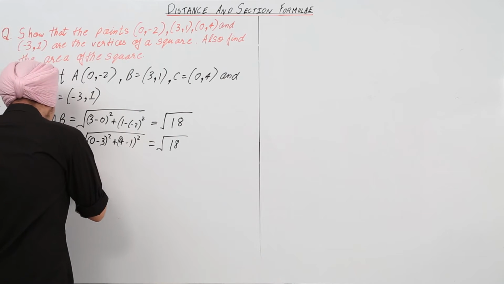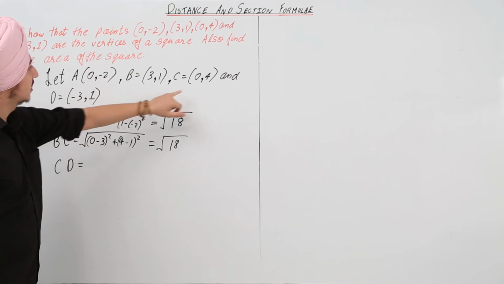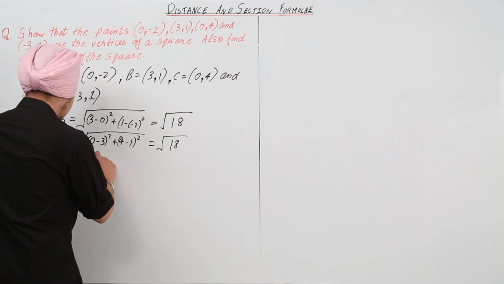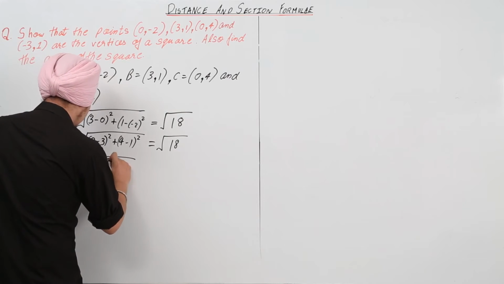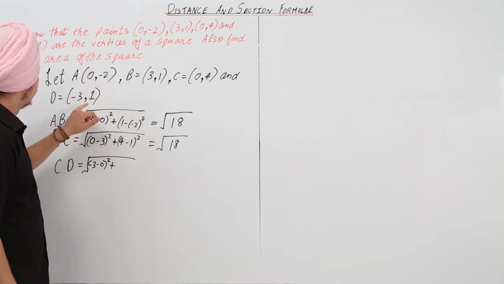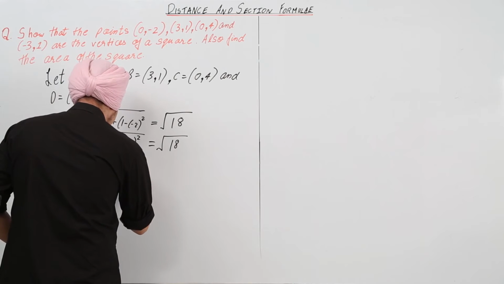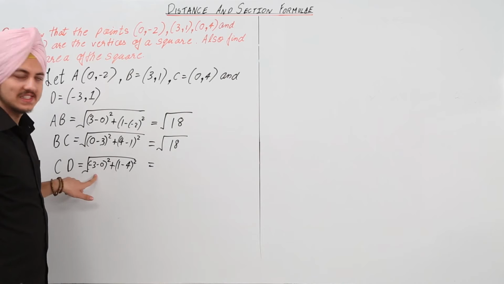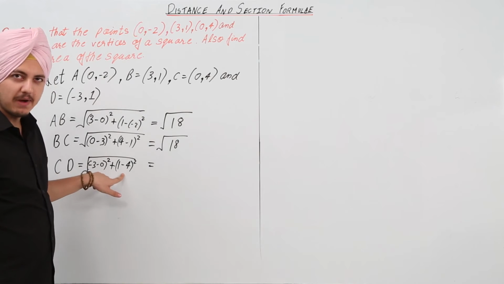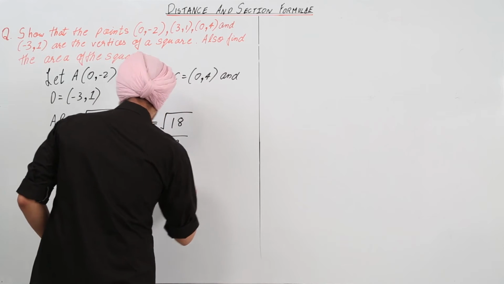Now we will calculate the length CD, that is equal to the square root of (-3 - 0) whole square plus (1 - 4) whole square. This is equal to -3 whole square is 9, 1 minus 4 is again -3 whole square is 9. So this is equal to the square root of 18.